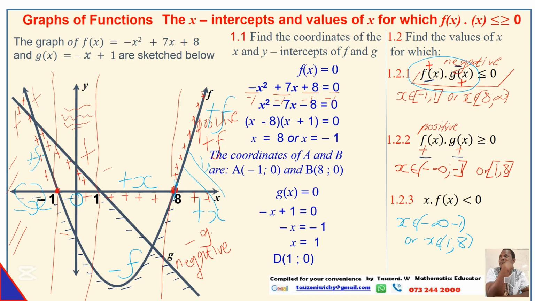For this one, you need the graphs to have different signs. Then if your value is bigger than 0, you must have exactly the same signs. Then your question is answered. We expect this in grade 11 and in grade 12 functions.